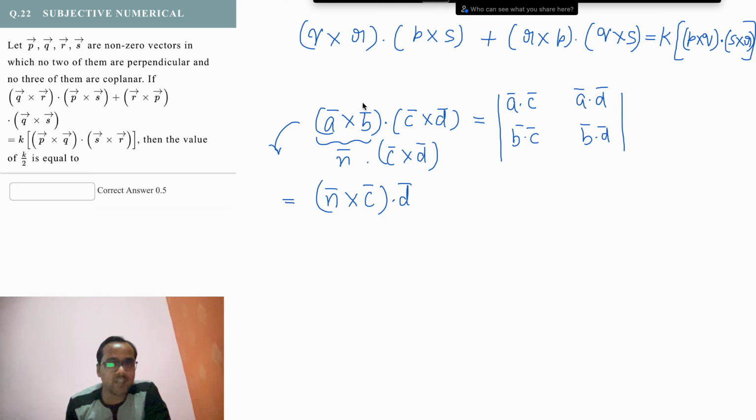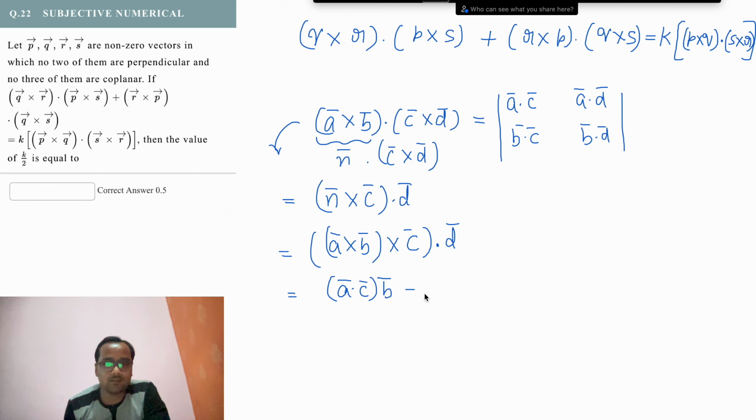What is n? n is A cross B. That means we get (A cross B) cross C dot D. Now by using vector triple product, we can write it like (A dot C) vector B minus (B dot C) vector A, using vector triple product, dot vector D.